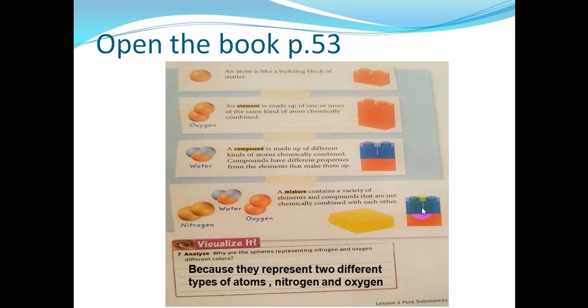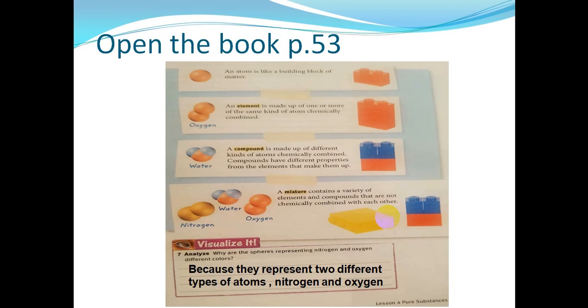Here they have chemical bonds, here they have chemical bonds, but together, both of them together, they don't have a chemical bond; they are just mixed together or put together in the same place. So the mixture contains a variety of elements and compounds that are not combined.